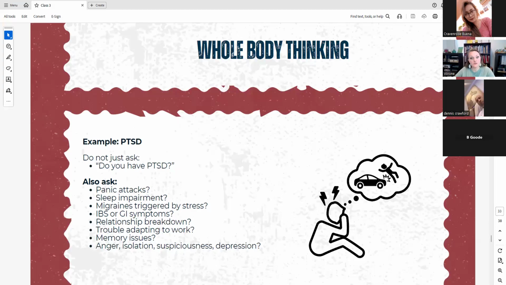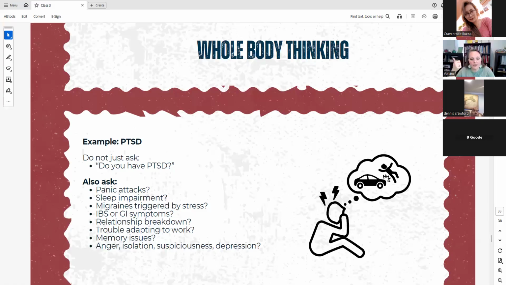More than likely, she has PTSD, especially because if she hears loud sounds, her heart rate drops and she gets really scared because of fire. So panic attacks, sleep impairments, migraines from stress, IBS, GI systems, relationship breakdowns, trouble adapting to work, memory issues, anger, isolation, suspiciousness, or depression can all be part of that PTSD.